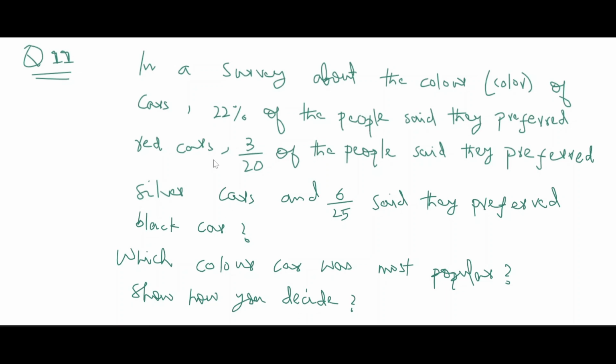See, 3 by 20 or 22%: you can't tell how much out of 100 it is. So if we convert 3 by 20 to a percent, then we can compare it with this. Is it greater or less? Similarly for 6 by 25.